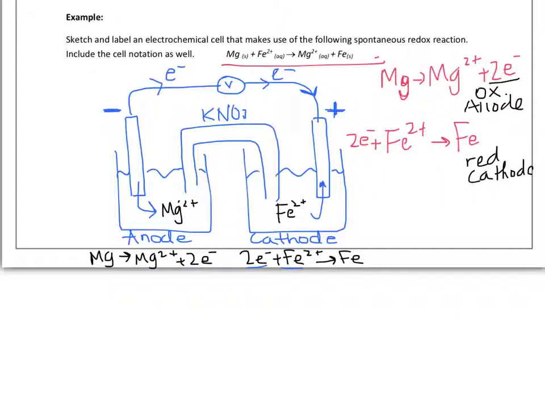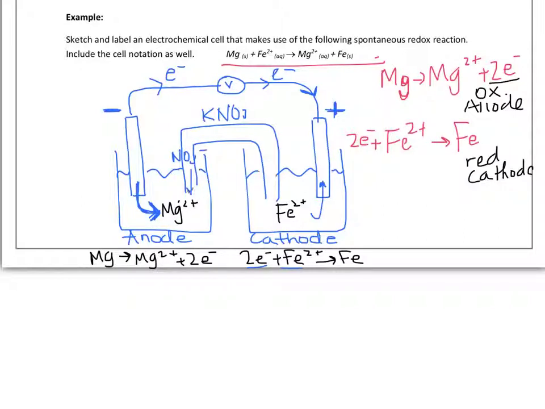The purpose of the salt bridge, if you recall, is to maintain electrical neutrality. Notice at the anode, I am gaining a positive charge, so this solution in the beaker is becoming more and more positively charged. In order to maintain neutrality so that this doesn't get overloaded in positive charge, I have to send down NO3-.